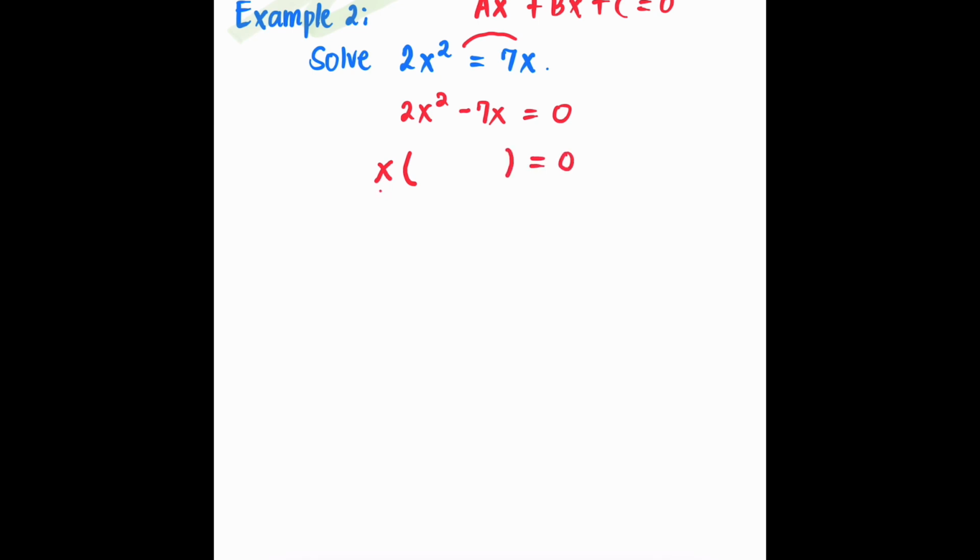So since the greatest common factor is x, I take 2x squared divided by x, so it gives me 2x. Then if you're gonna go back, reverse process, x times 2x is actually 2x squared. So that's the concept of it, right?